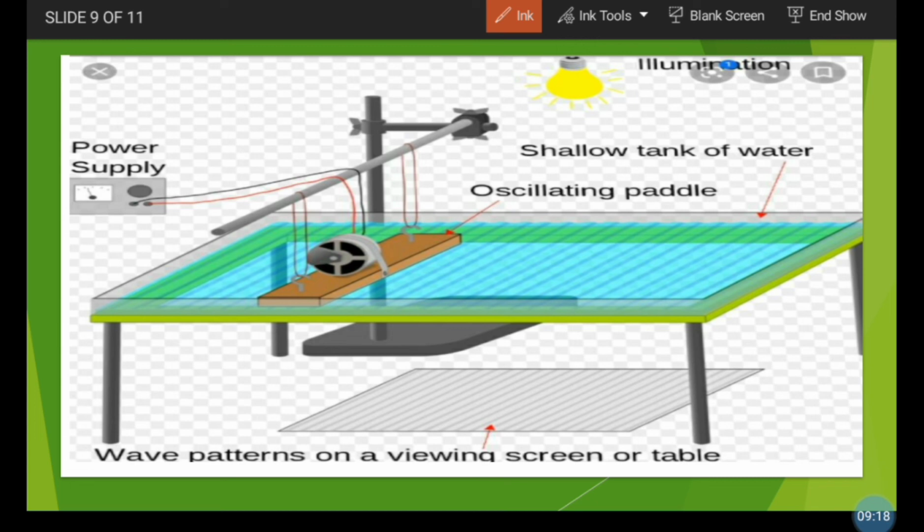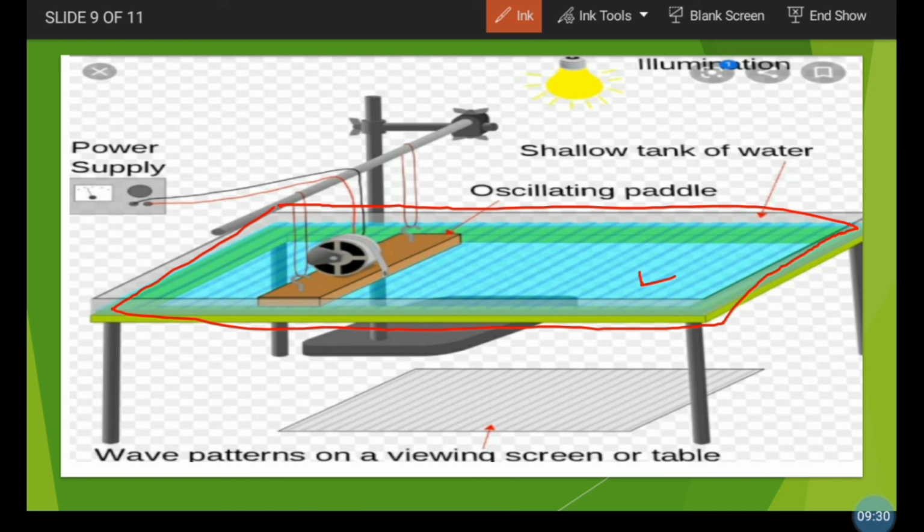A ripple tank consists of a rectangular tray. This is a rectangular tray which has a glass bottom. The water is filled into the tray. An electrical vibrator is dipped into the water surface.